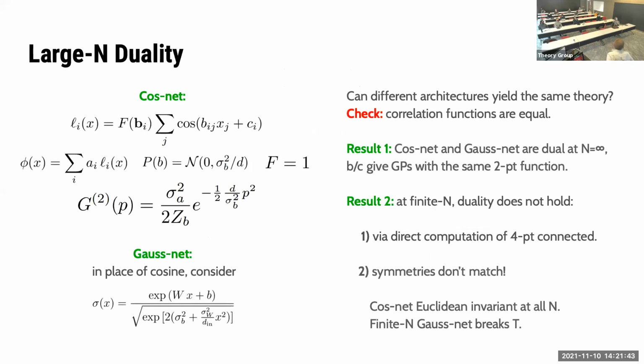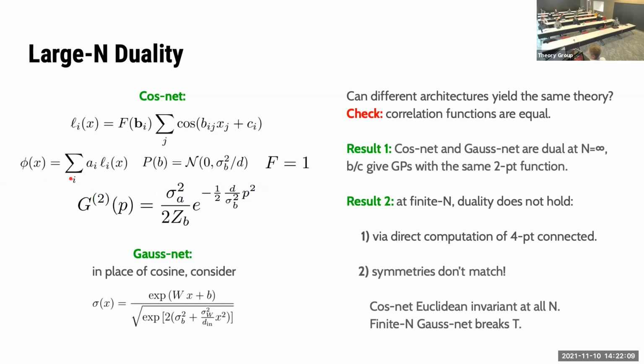The other thing that I want to mention is a large N duality. This is something that we're looking at in follow-up work, but we haven't studied in the literature yet. In the particular choice where I take F equal to 1, and I take this distribution P to be a normal distribution with some particular variance, which is a specialization of the examples I've been discussing so far, the 2-point correlator, the power spectrum, just takes this form.